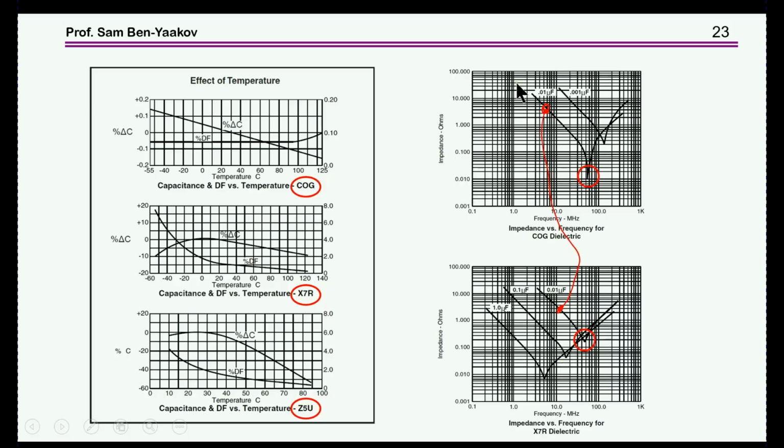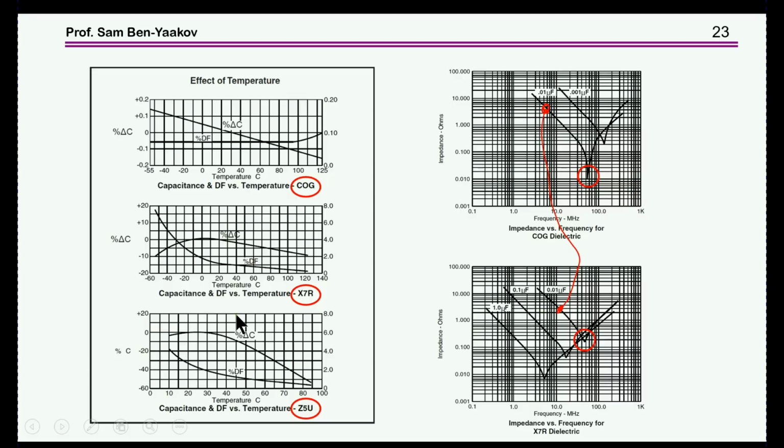Obviously this part should be the same, but you'll see that the paraelectric COG, or NPO, goes to a very low 10 milliohm ESR here, while in the case of the X7R, it goes to above 100, so it's 10-fold. The ESR is much larger in the ferroelectric capacitor.